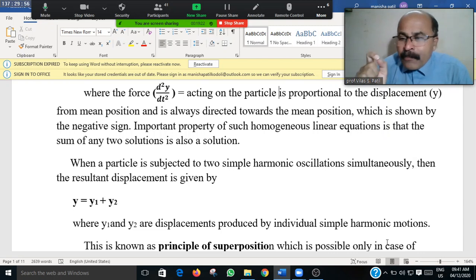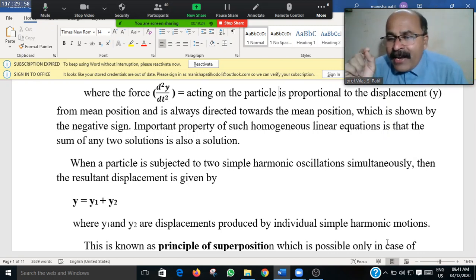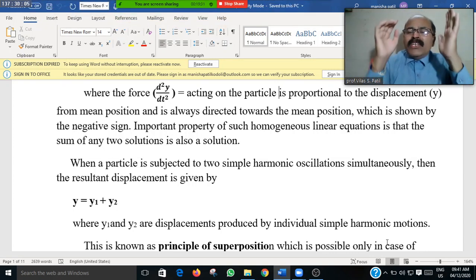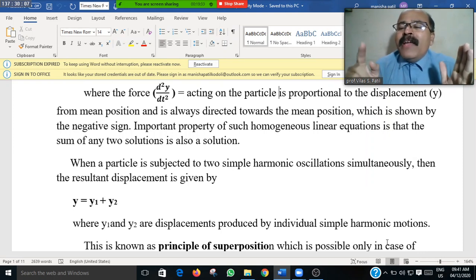It will be decaying, and the amplitude will decrease with respect to the number of half oscillations.